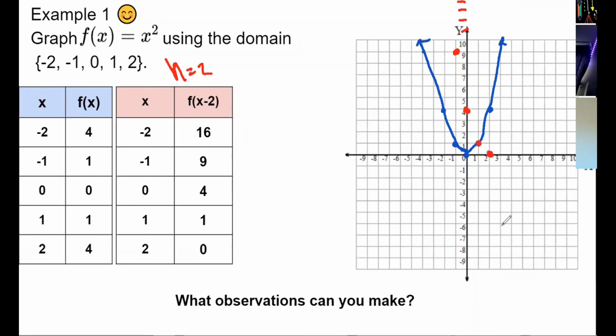So I'm going to go ahead and continue. If I were to continue this graph and graph it so that I have it exactly here, I can go ahead and continue it. At 3, it would be back at 1. At 4, it would be back at 4. And so on and so forth. And at 5, it would be back at 9.